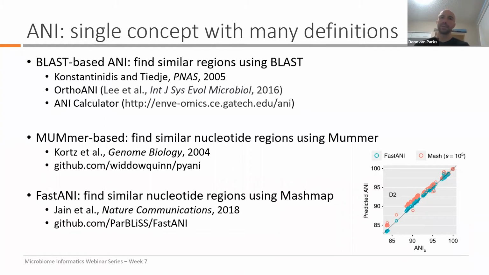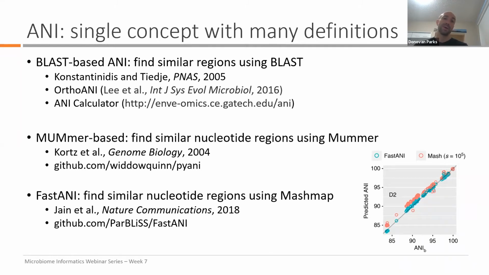Since then, other methods have been proposed. For example, there's ortho-ANI, which is also a BLAST-based method, but makes some refinements so that it runs much faster. There's ANI calculator, which I'm just pointing out here because this is a nice interface to a BLAST implementation you can get on a web server that's more comfortable for you to use.